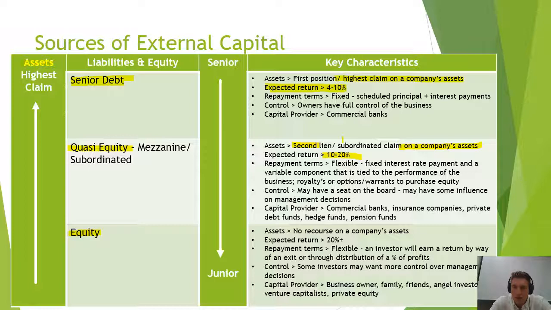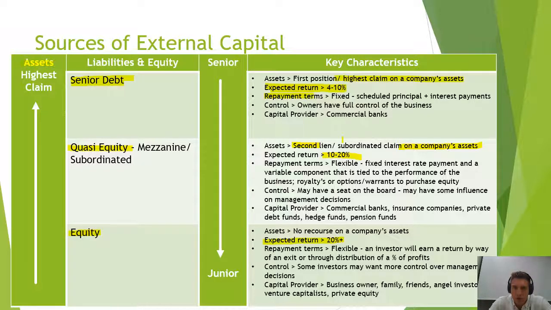And the result of that is that an equity capital provider is taking on a lot of risk, and the expected return on their capital is much higher. So that's the first difference between the three options. Senior debt is the cheapest, equity capital is the most expensive.